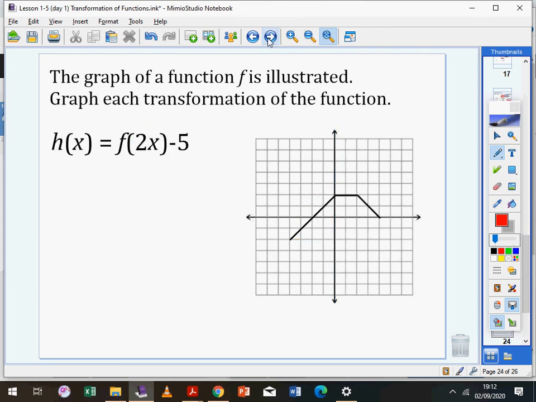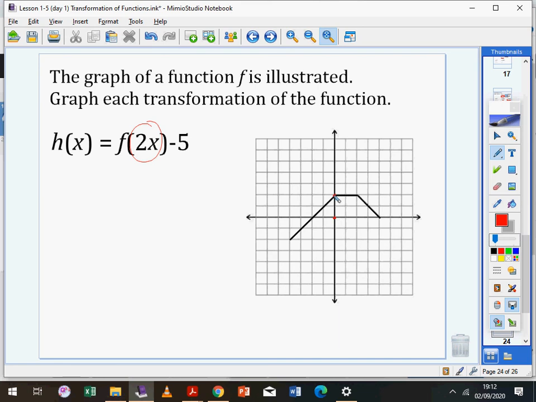Now remember, let's start with what's inside, sorry. Undo. This means that the function is being stretched vertically. So here I have x is 0, y is 2.